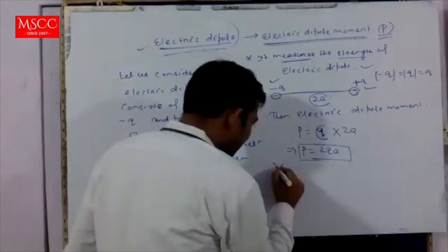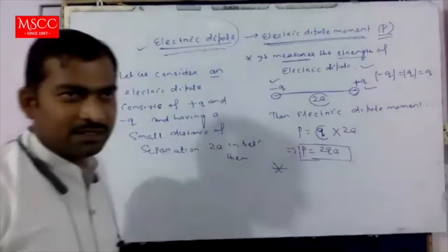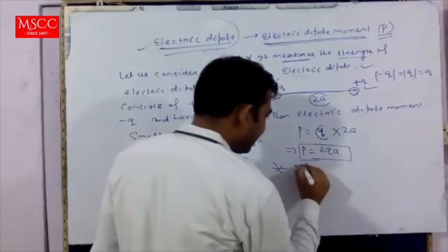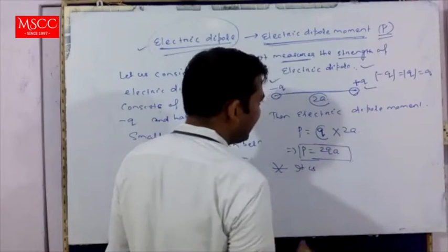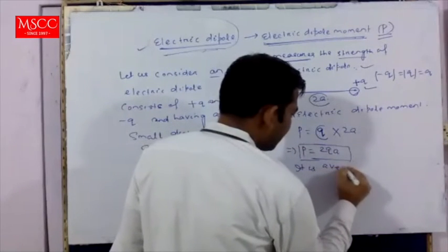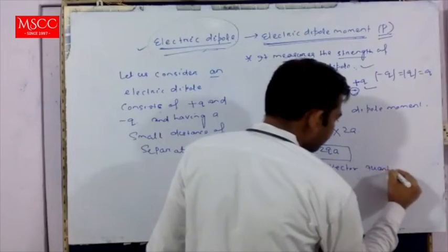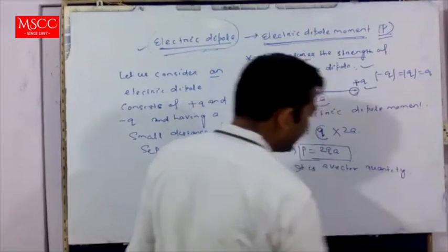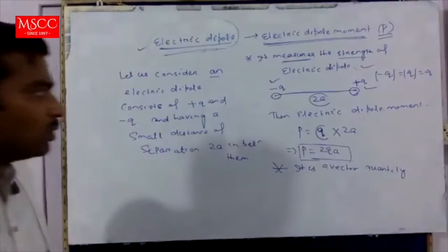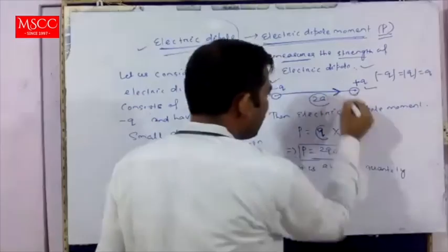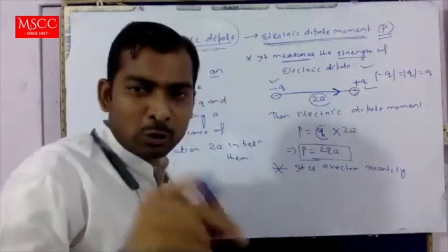Important point. Electric dipole moment is a vector quantity whose direction is always from negative to positive.